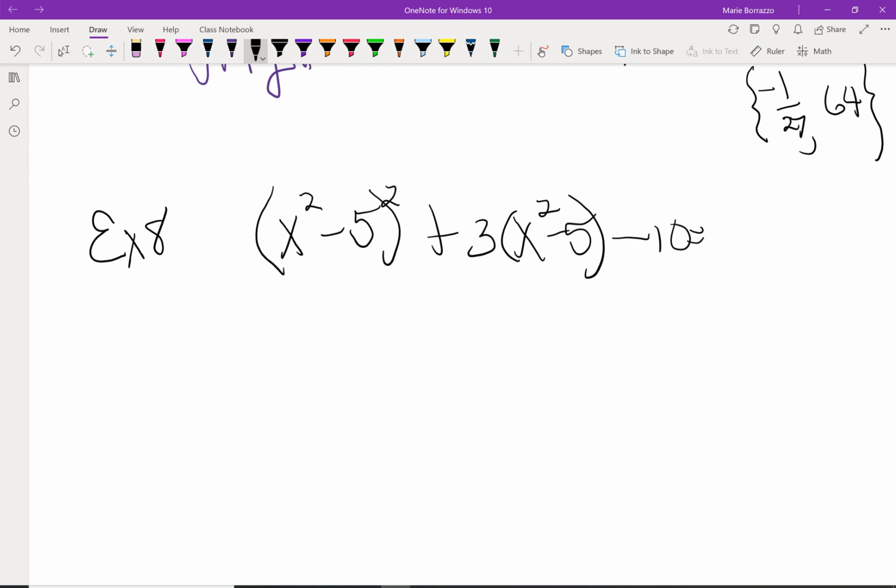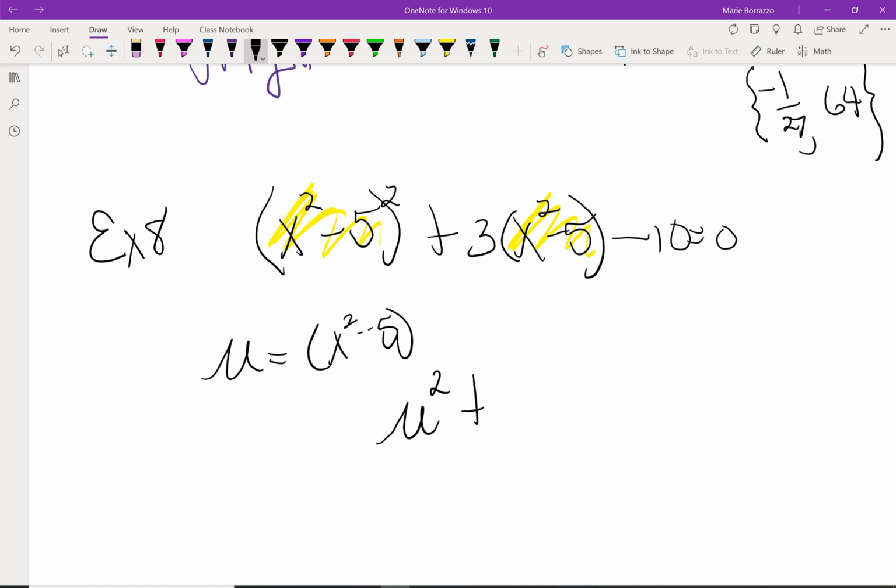And this is equal to 0. All right, and so think of the u value as the x squared minus 5 portion, which is basically all of this stuff in here. And we would re-express this equation as u squared plus 3u minus 10 equal to 0.